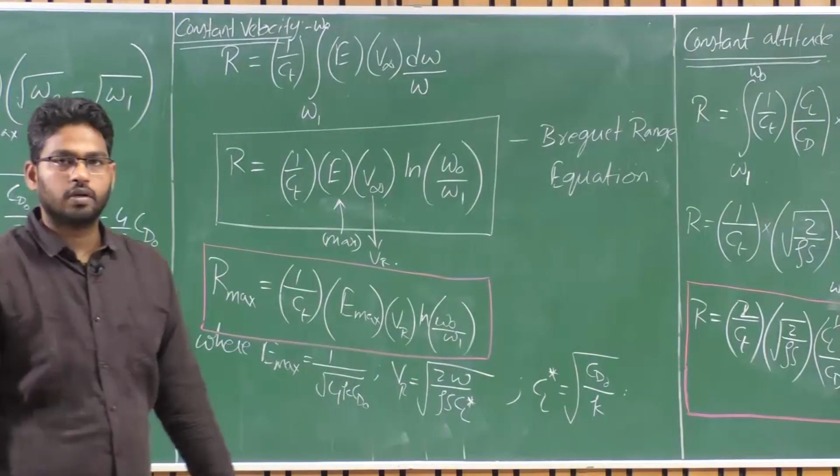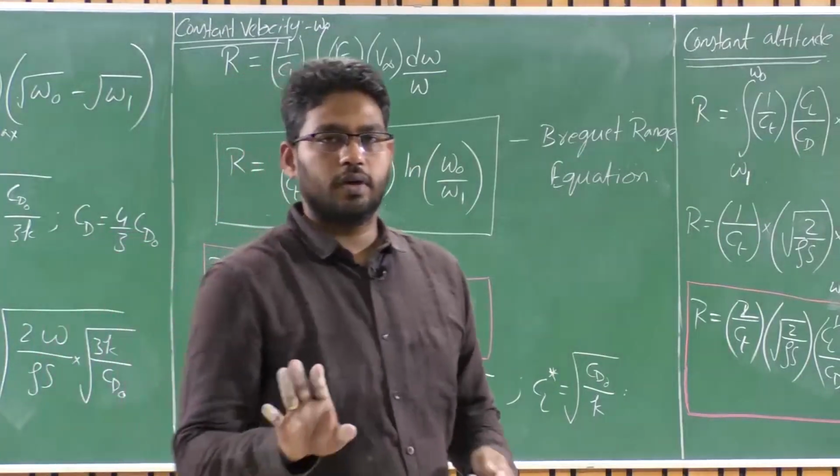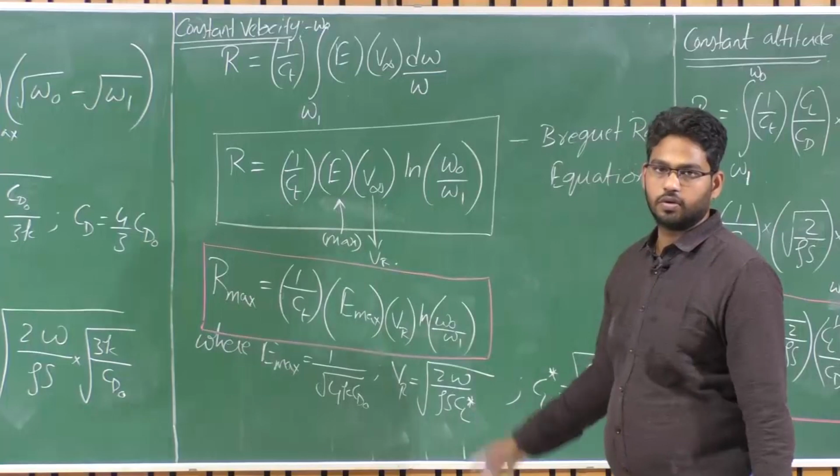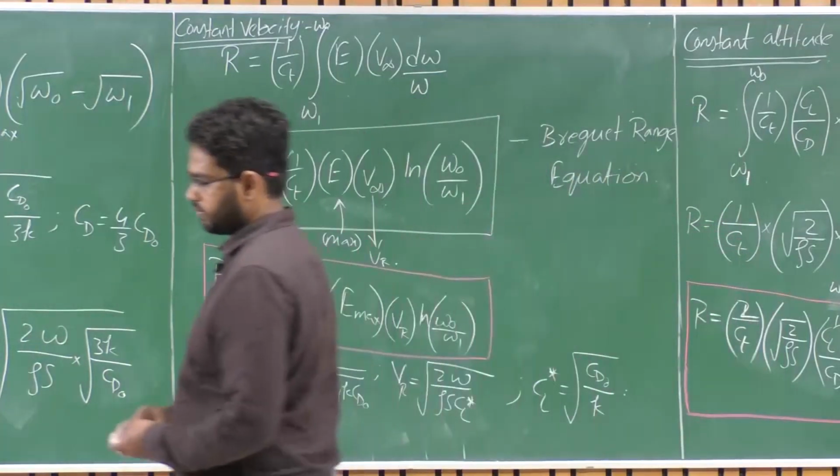When you maintain a constant velocity, you allow the aircraft to change its altitude. So this is the maximum range that you can get with a load of fuel.